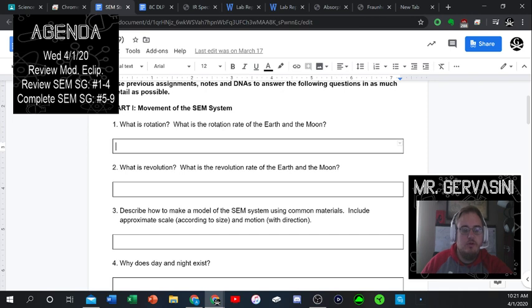The Moon will rotate once every 27 to 29. We just say on average 28 days, 28 Earth days. So rotation rate of the Earth is 1 day. Rotation rate of the Moon is 28 days. So the Moon takes 28 times longer to do a day.